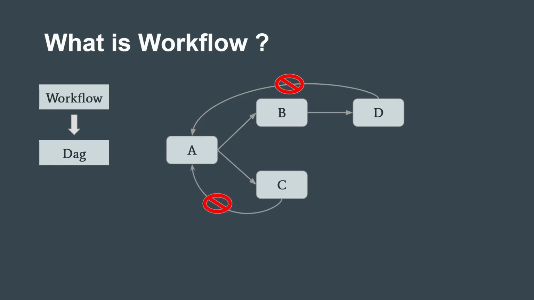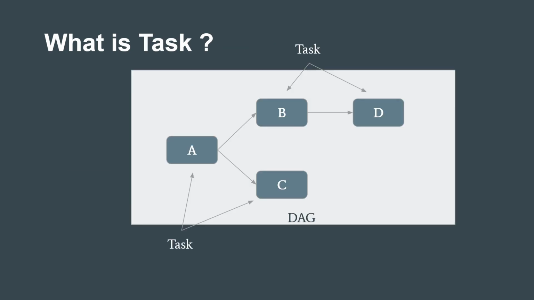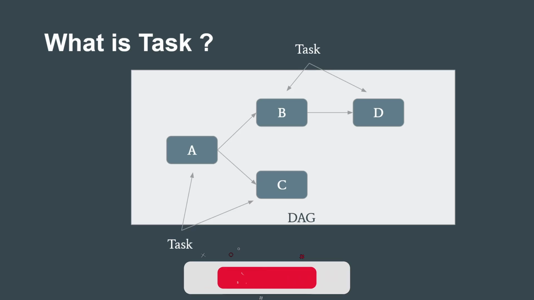So DAG is basically a collection of tasks which we want to run, and these tasks are organized in such a way that reflects their dependencies. So, what is a task? A task defines a unit of work within a DAG. So, A is a task, B is a task, C is also a task, and D is also a task.